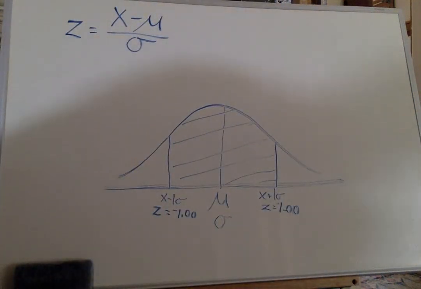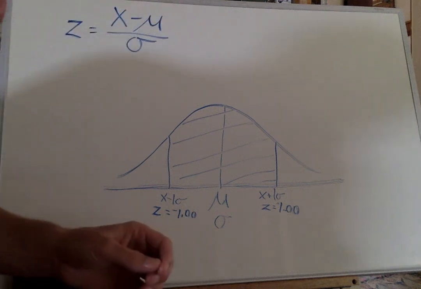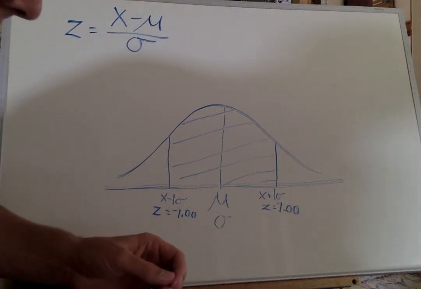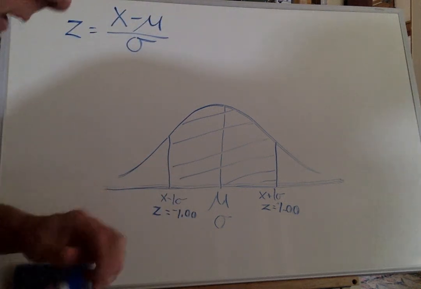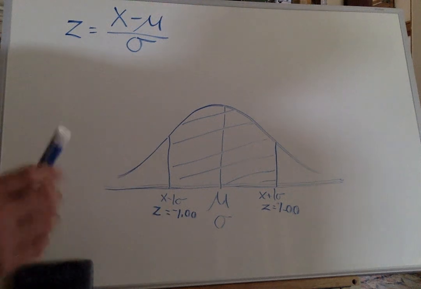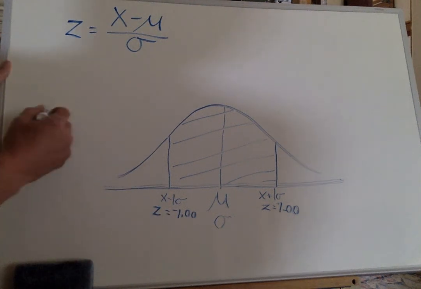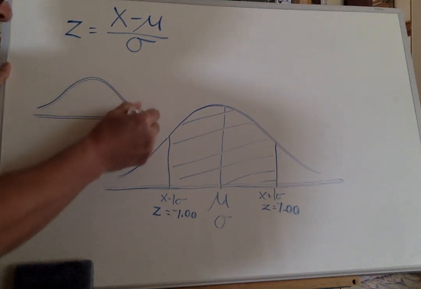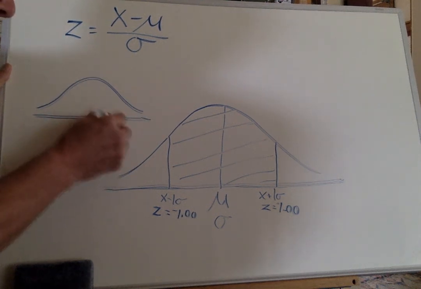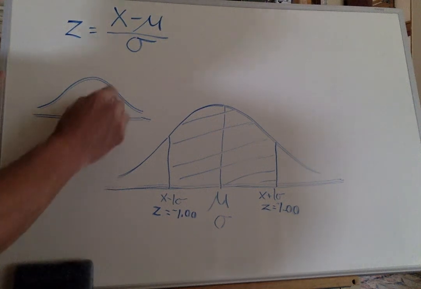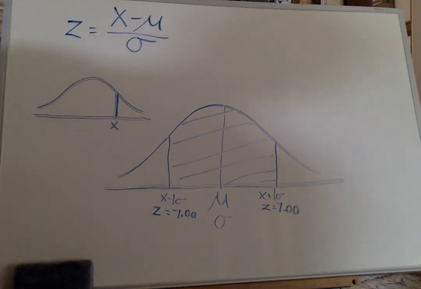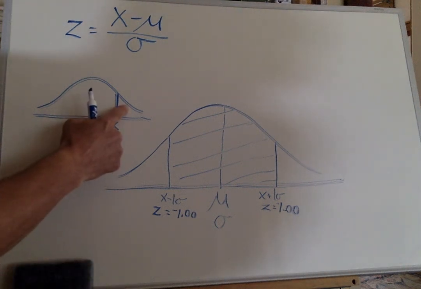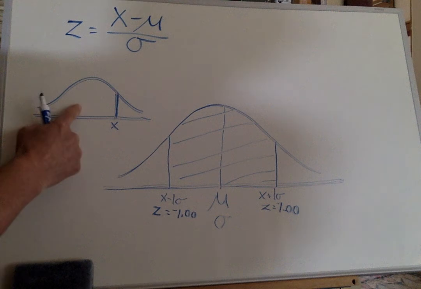I happen to have an enlargement of that, but let me show you how this works. Whenever we have a distribution and we locate a spot on that distribution, we have a smaller portion of the curve here and a larger portion here.